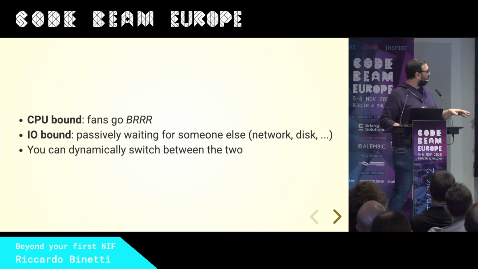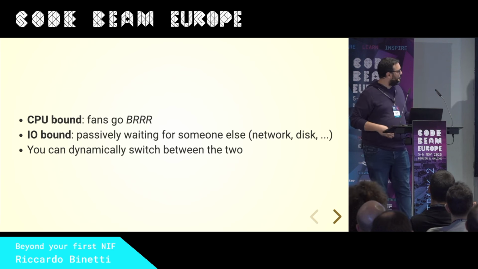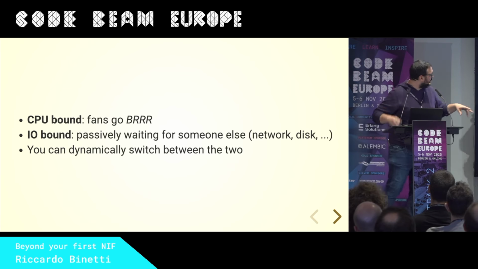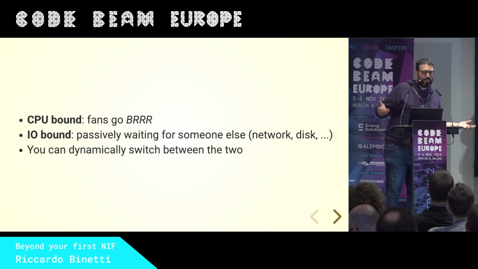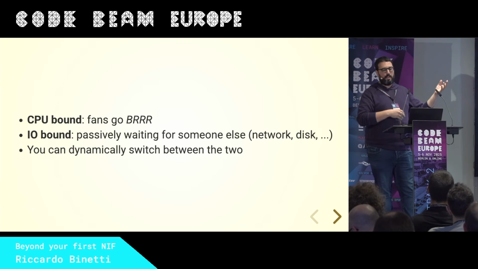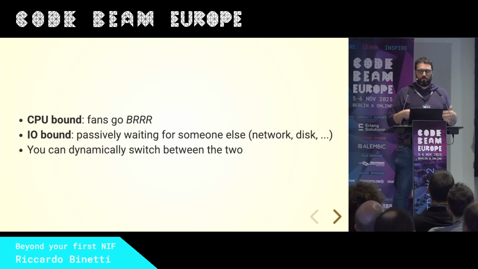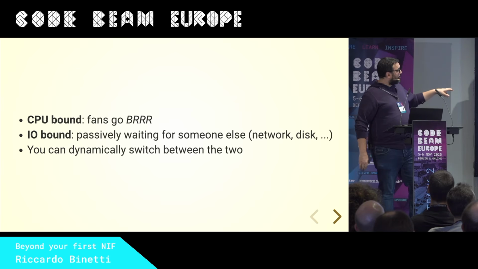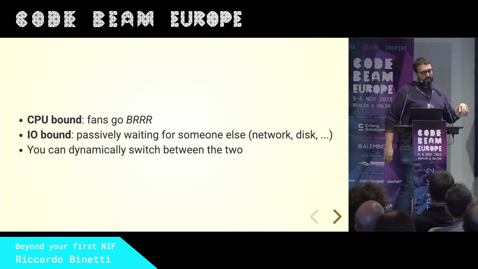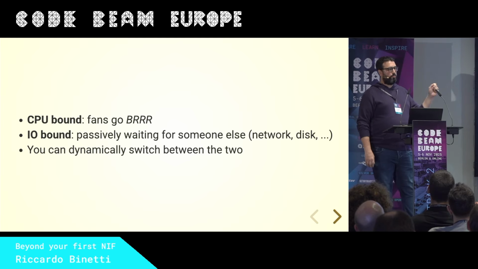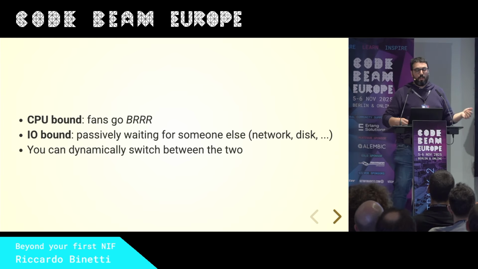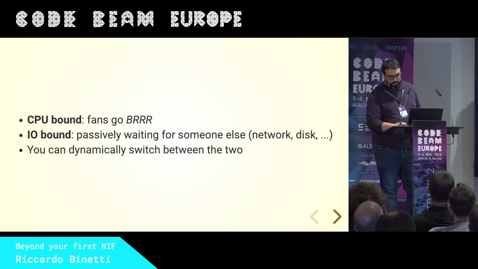Basically, it's dirty CPU if your fans go brrr, and it's dirty I/O if it's just passively waiting for someone else, like network, disk, or time, or whatever. And the nice thing is that, as we will see in the next technique, you can dynamically switch between the two. Here we define it statically, but you can also switch dynamically between the 2 dirty schedulers.